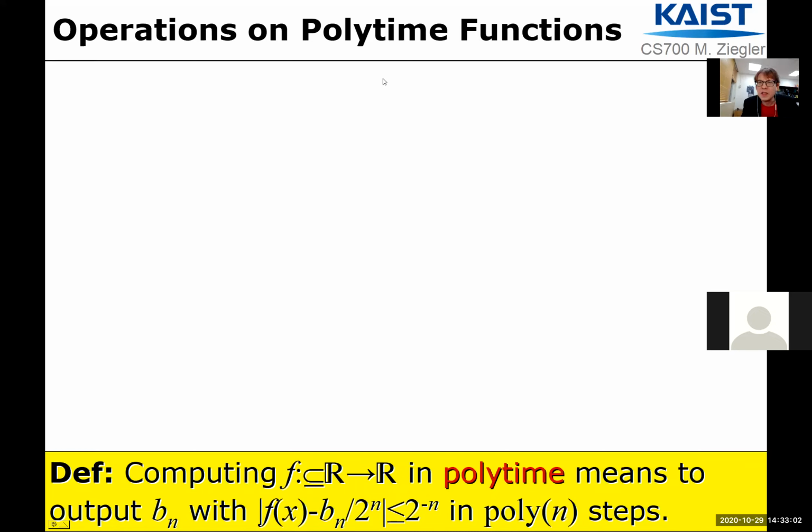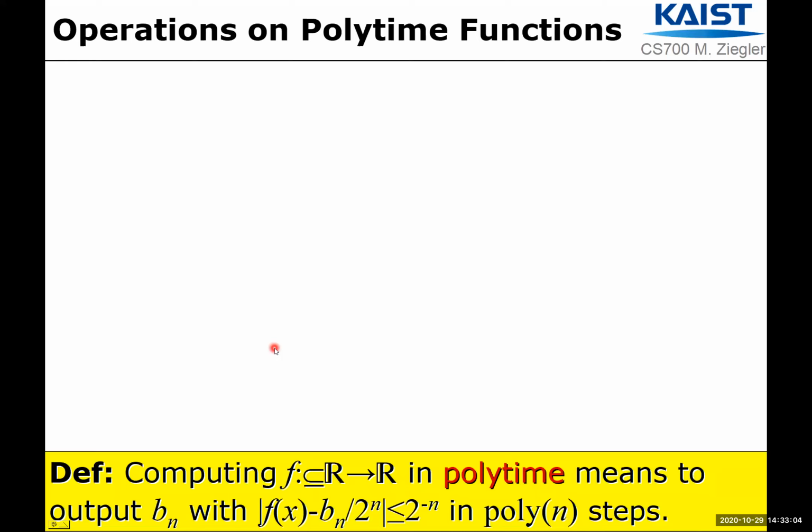So this definition has a subtlety that we measure the computational time only in dependence on the output precision and independently of the argument and independently of the way that the argument is presented by a sequence of approximations.